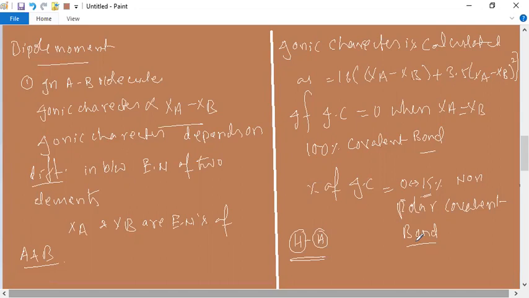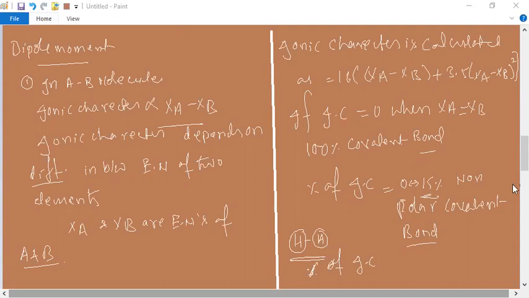Next, if the percentage of ionic character is 15 to 50%, then you can tell this is a polar covalent bond.